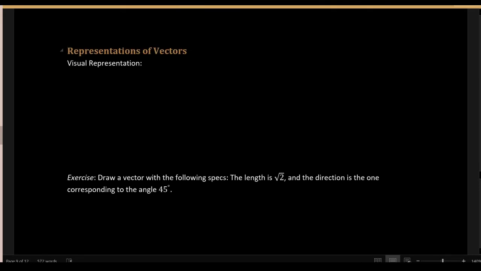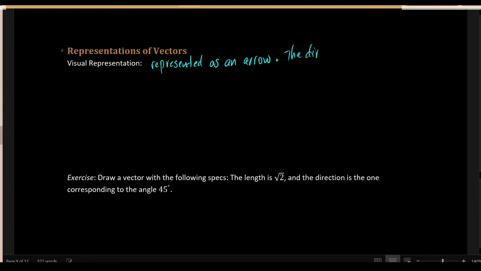The reason why vectors are indicated with this little arrow on top of the letter ties into how we represent vectors visually. Visual representation of a vector is we write them as arrows. That's because arrows are quantities with direction and with length.